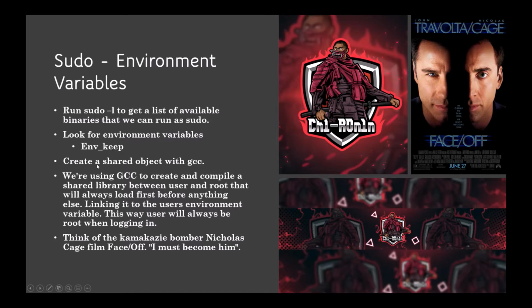We can create a shared object with GCC, and we'll use it to create and compile a shared library between the user and root that will always load first before anything else, linking us to the user's environment variable. This way, the user will always be root when logging in. Think of the Nicolas Cage film Face/Off, where in order to stop him, he must become him.